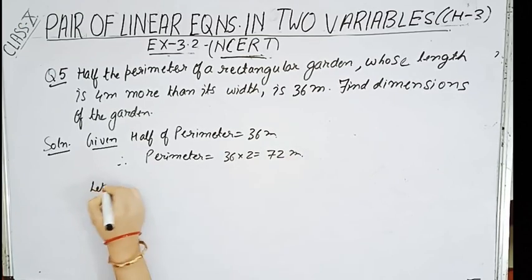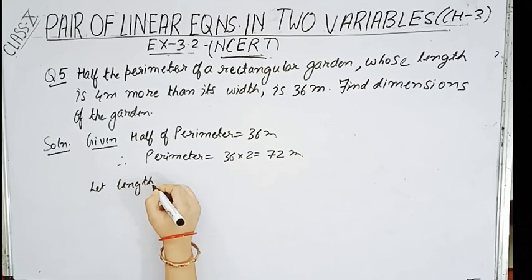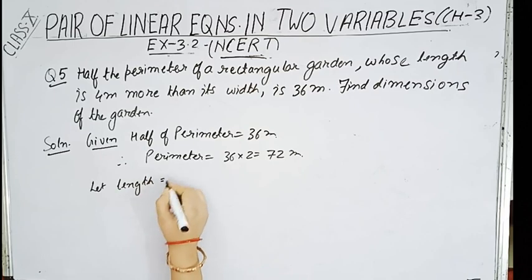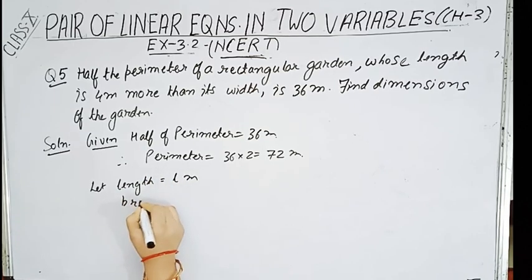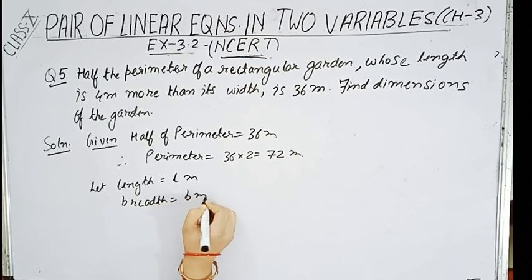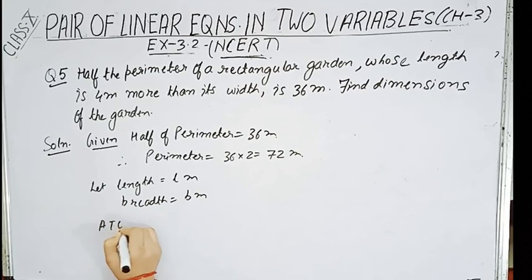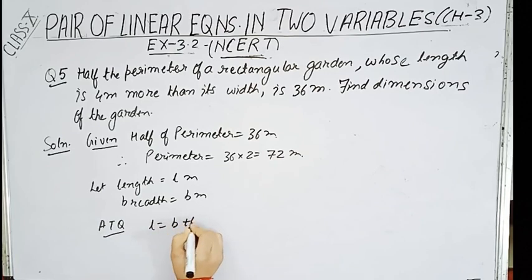Now let length equal L meters and breadth equal B meters. According to the question, length is 4 meters more than its breadth. So L equals B plus 4.